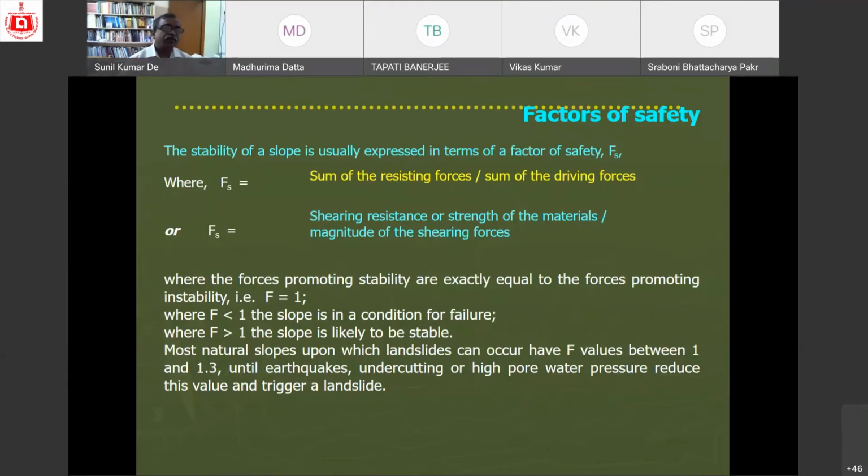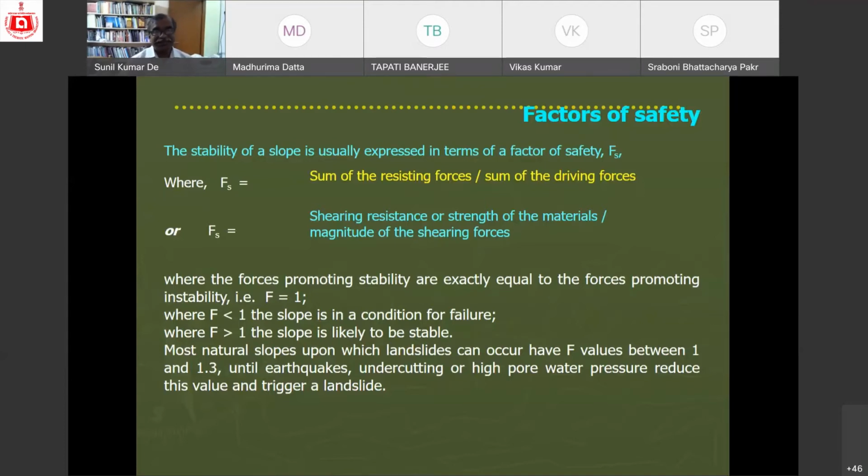If we go to the field, we can collect data or measure through different instruments to assess the resisting forces of the slope. Apart from that, we collect data related to earthquakes, human activities, and rainfall amount. These are the driving forces.